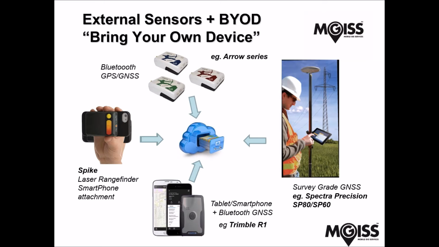More traditionally, on the right-hand side of this slide would be something like a pole-mounted smart antenna, which can pick up any satellite-based or network-based correction in the field, delivering survey-grade centimeter-level accuracy in real time into a mobile GIS workflow or survey workflow.